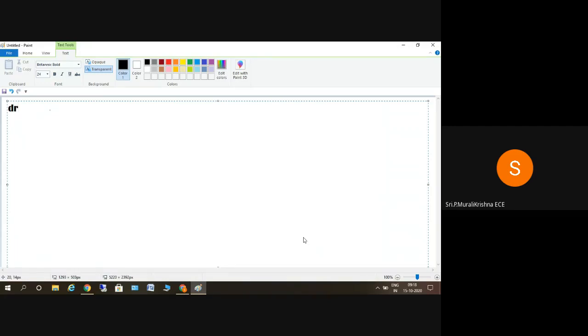The problem is: draw the multi-level NAND circuits for the following expression.